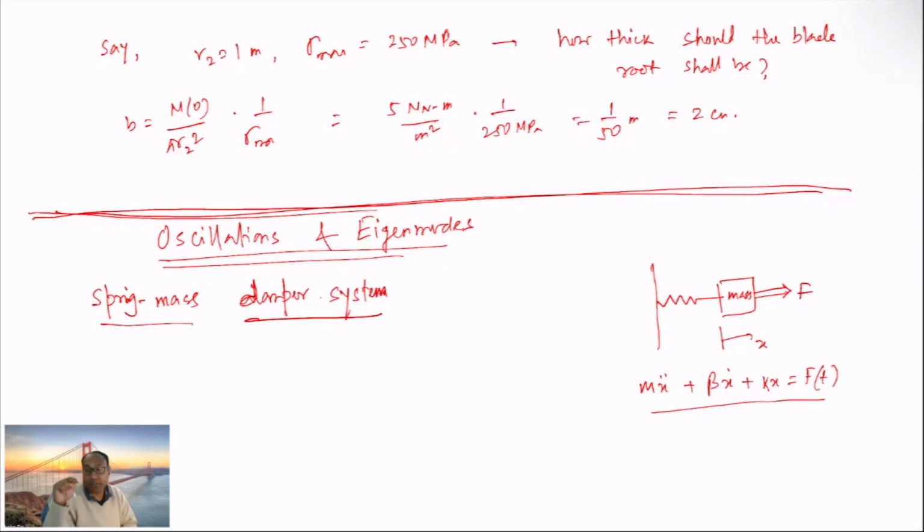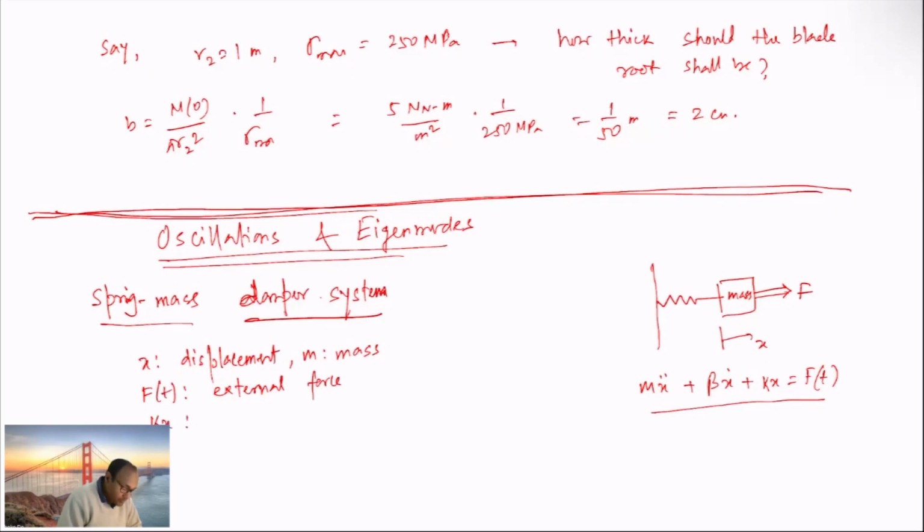So essentially with time the force is applied, and here x is displacement, m is mass, f of t is the external force, k of x is the spring force, and beta is the damping parameter, which could be viscous damping or linear damping.